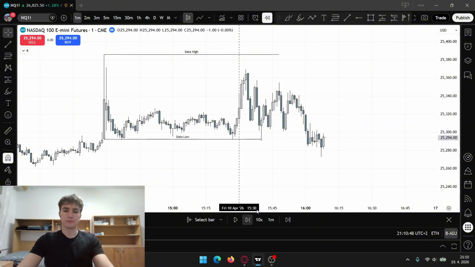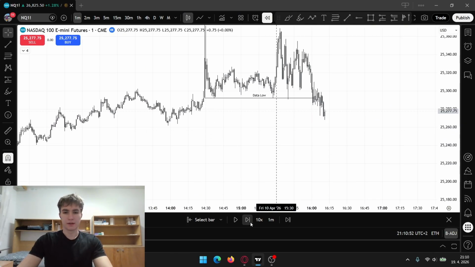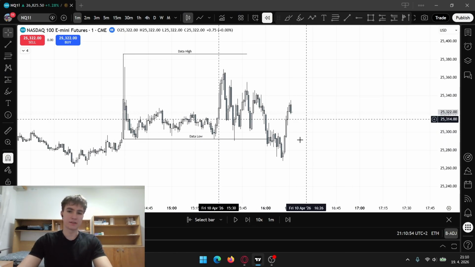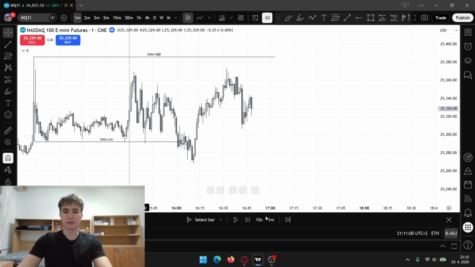Price again reswept it. What do we see? Finally some momentum to the upside, and it's really choppy price action today actually, but let's just scroll through this and I bet that it is going to eventually hit it.